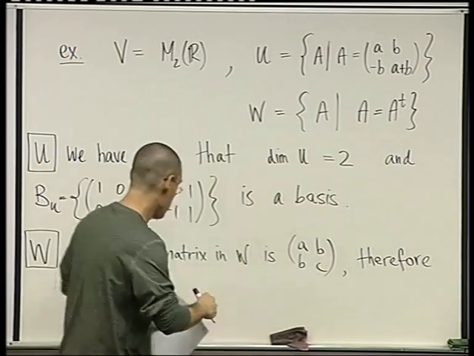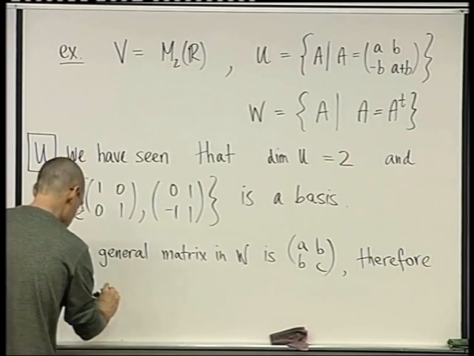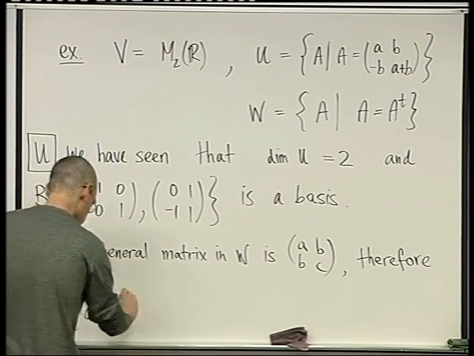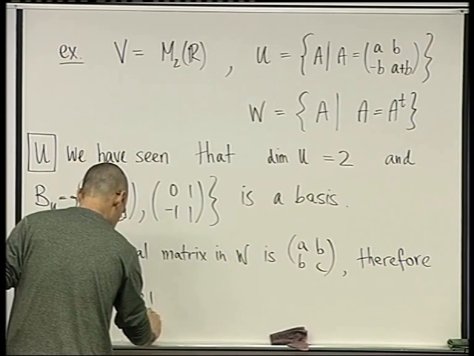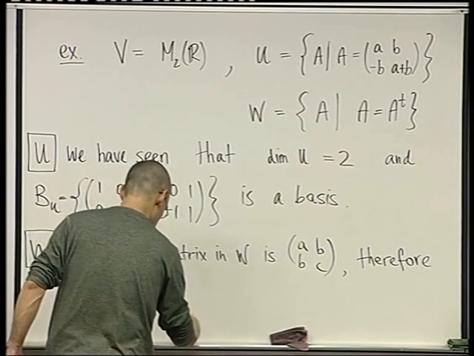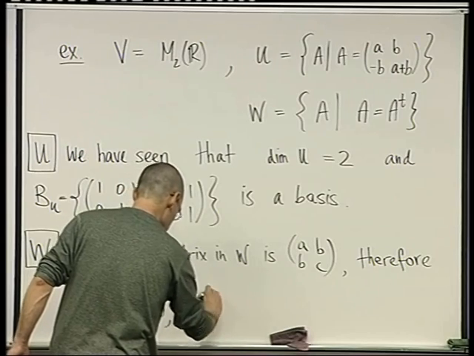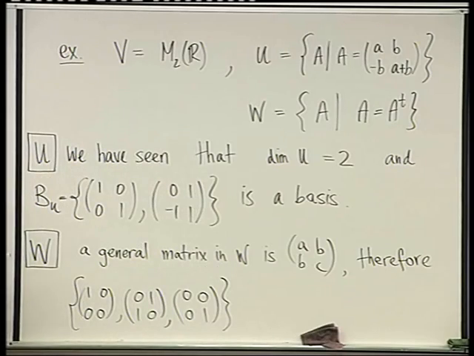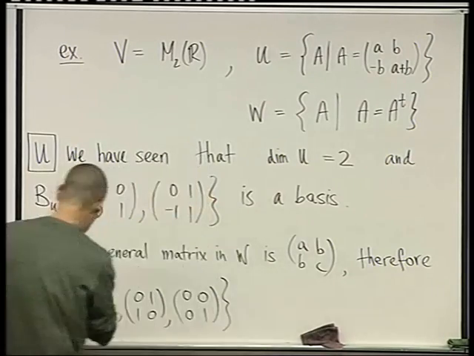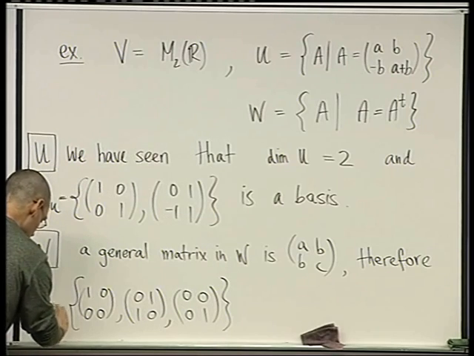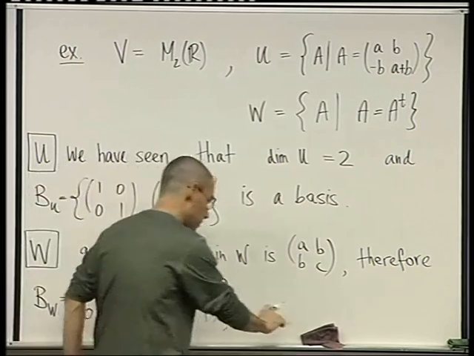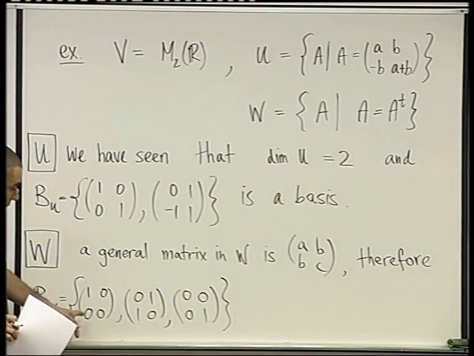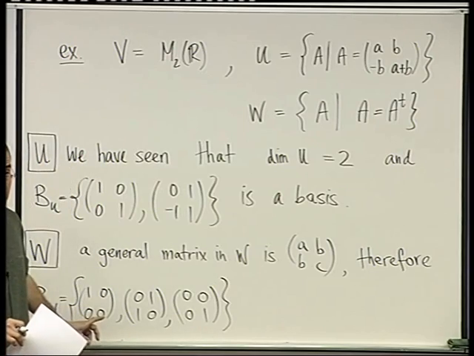Do you agree? So a basis for W is the set 1, 0, 0, 0, 0, 1, 1, 0, and 0, 0, 0, 1. Okay? Well, I said this is a basis. Let's call it BW. But that requires some justification, because just having written it like this is only the statement that it's a spanning set, right?